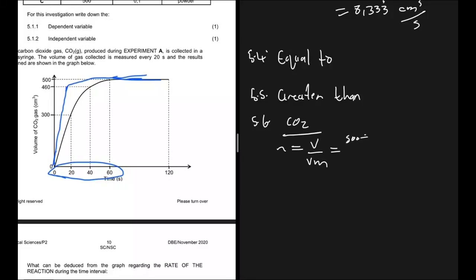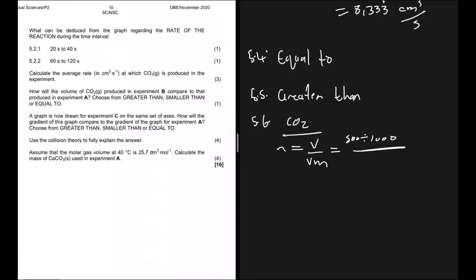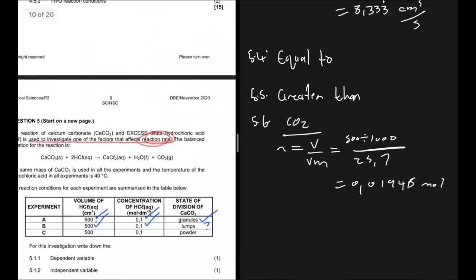So we're going to say 500 divided by 1000 to convert into decimeter cube, divided by 25.7, like we are told. So we have 0.5 divided by 25.7, which is equal to 0.01946 moles. So now let's go to our equation.